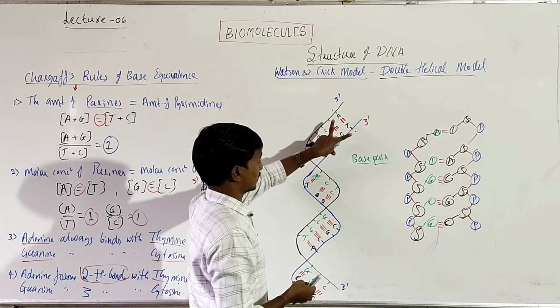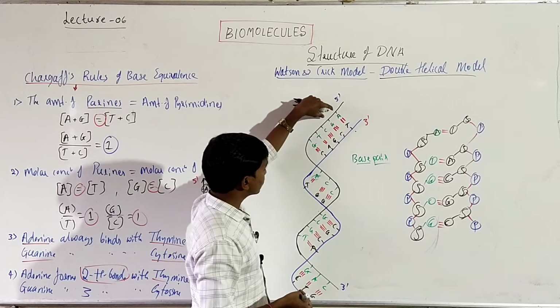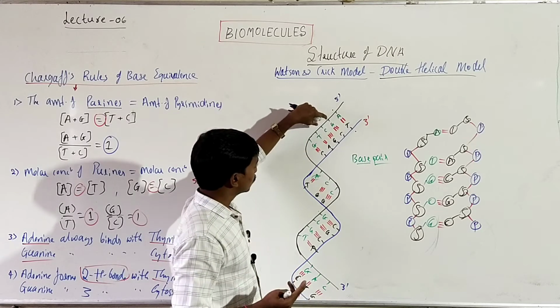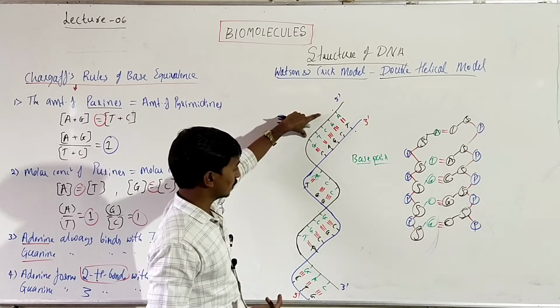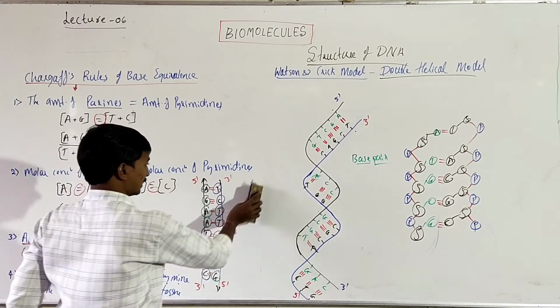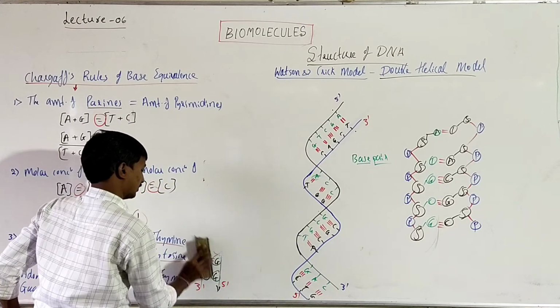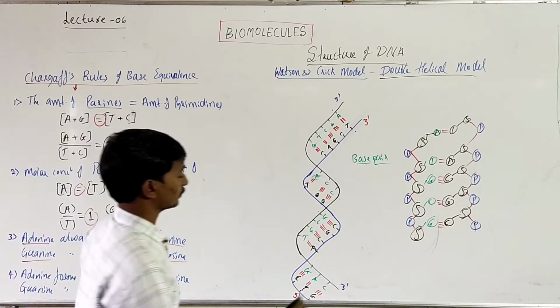This is one base pair. This is 2 base pairs. This is 3 base pairs. Again, this gap is 1 base pair gap, 2 base pairs, 3 base pairs, 4 base pairs, like that. Okay. So now we will try to label all those parts and how this DNA structure will alter variously with respect to the angle and all.